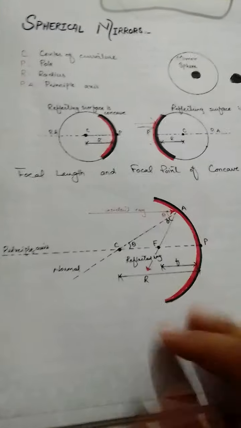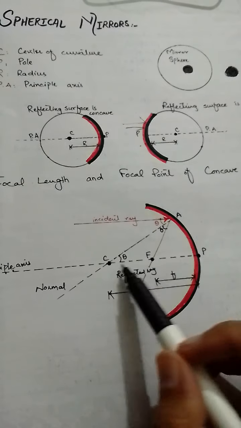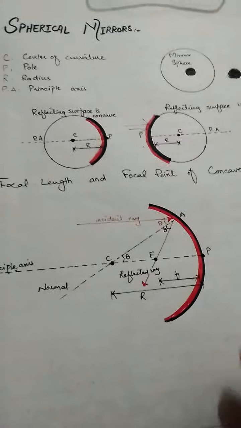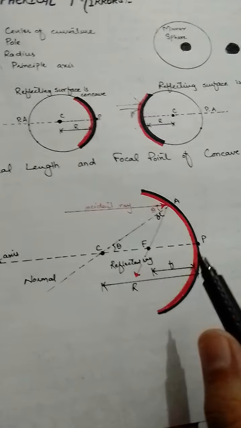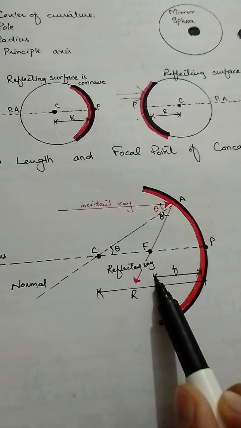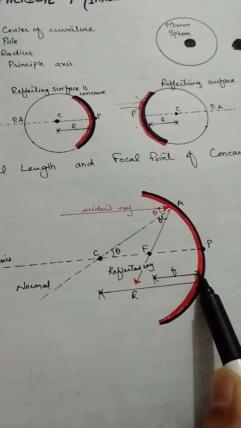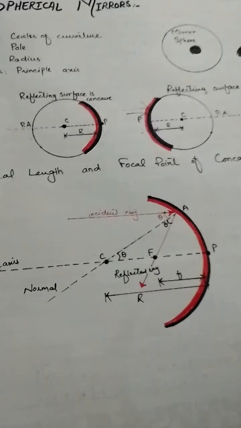Okay, so now if this line is equal to this one, what would we actually determine from it? What would it tell us about spherical mirrors? We would get to know that the focal length, the distance from the focus to the pole, is called the focal length.